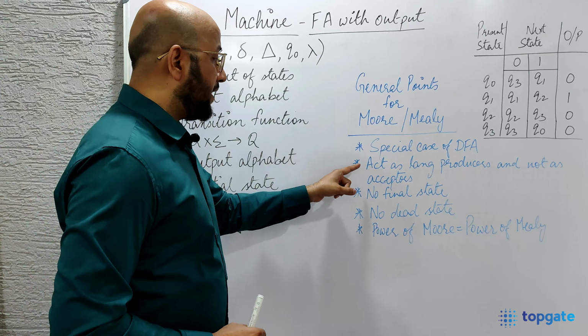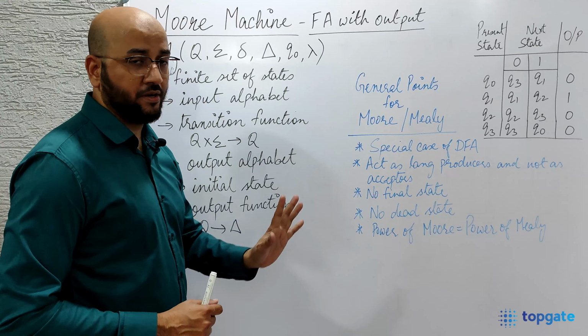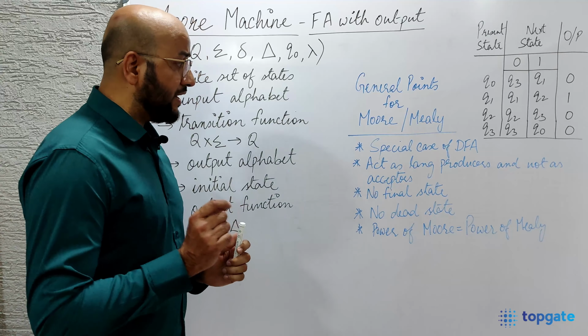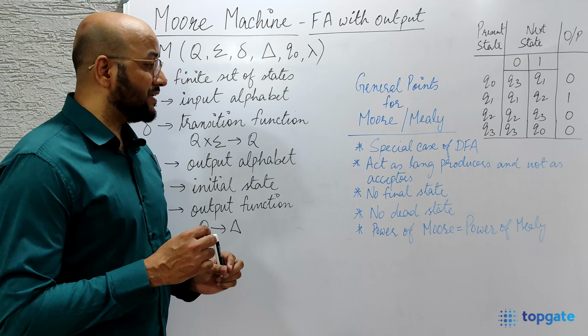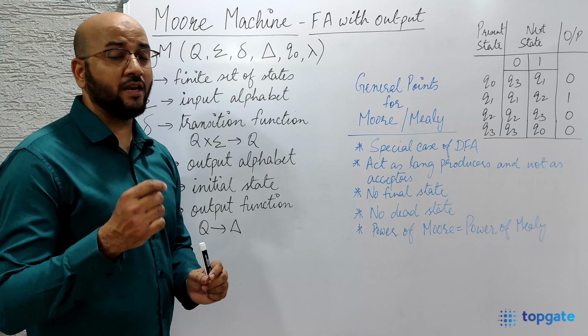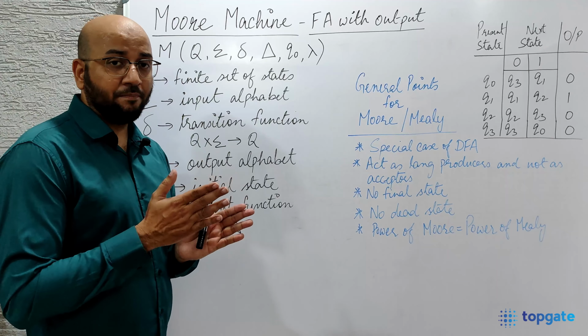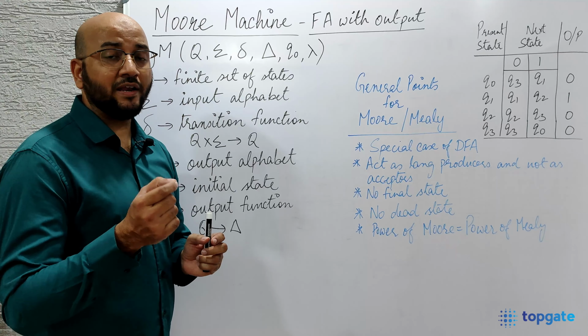Second point says they act as language producers and not as acceptors. Now what does that mean? The NFA and the DFA both act as language acceptors. That is, we check whether a particular string or a language is accepted by the NFA or the DFA. Now this acceptance or rejection is finalized on the basis of reachability to the final state.